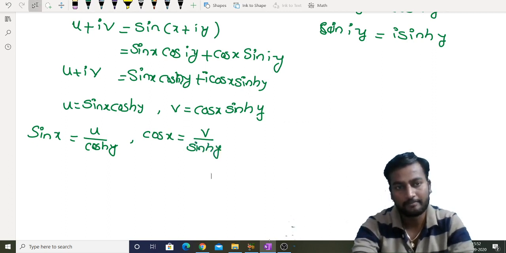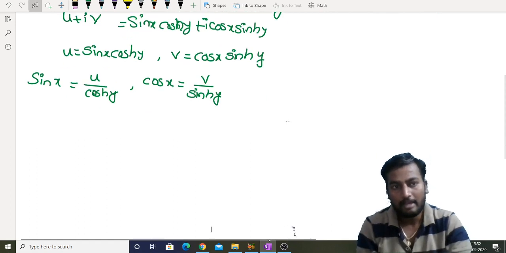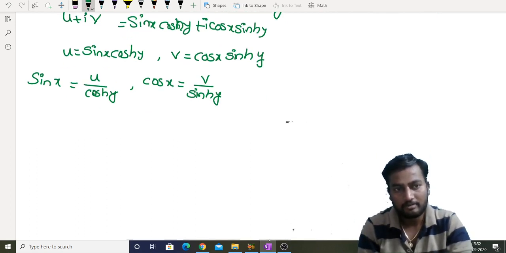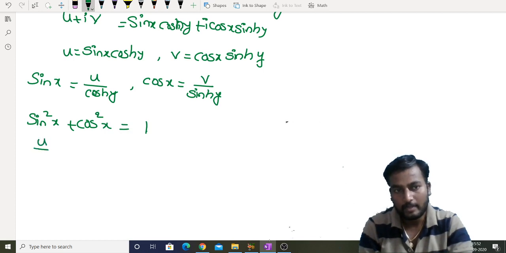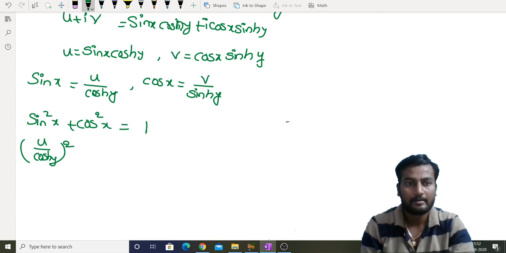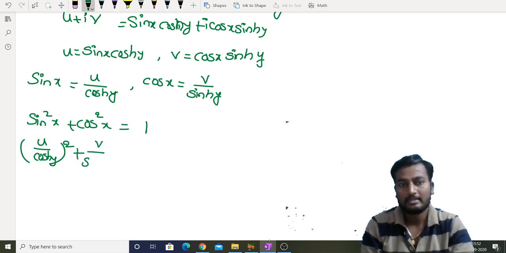Up to this, okay. Then we have a trigonometric identity, sin square x plus cos square x is equal to 1. Then (u by cosh y) whole square plus (v by sinh y) whole square is equal to 1.